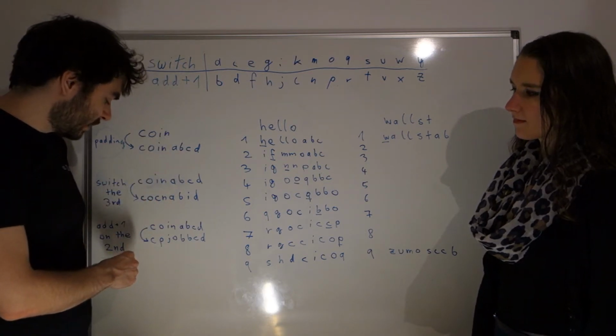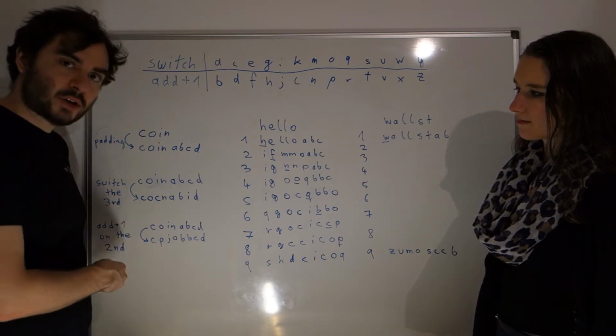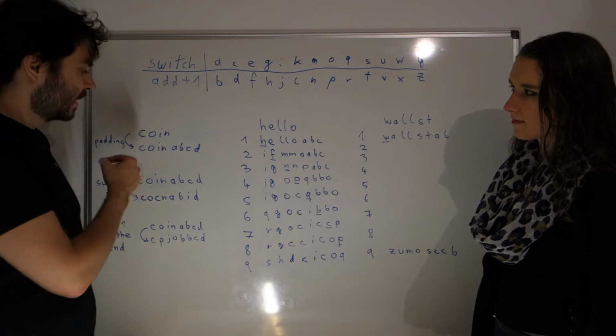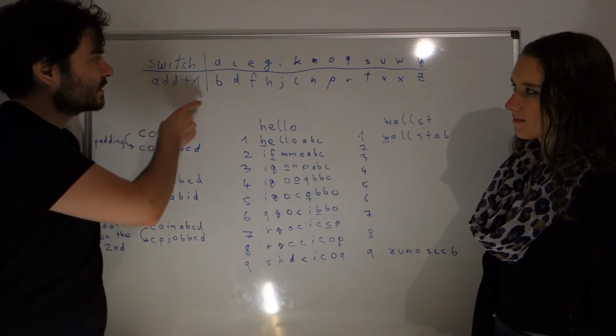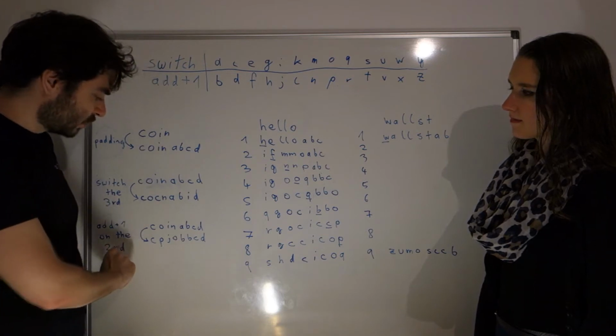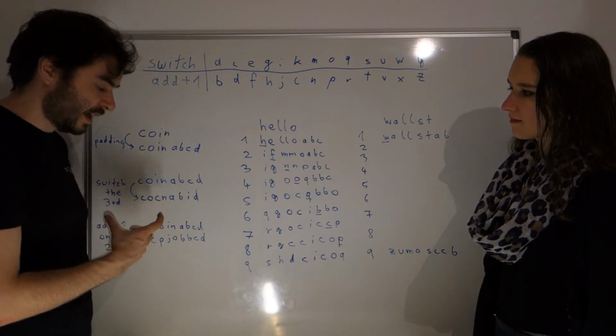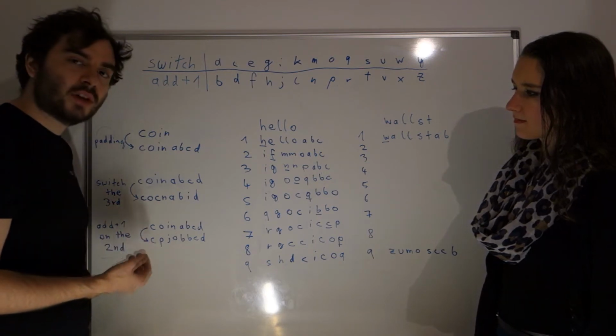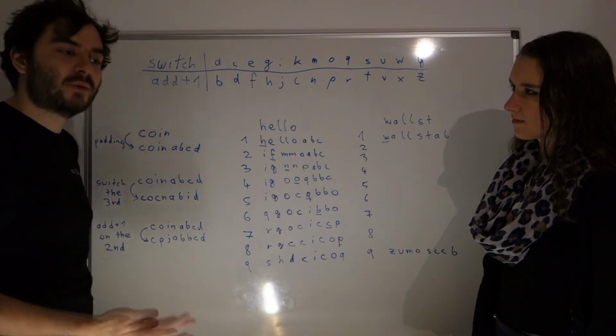And the other operation that can happen is if the character is in the lower row, then what we're going to do is take the next 4 characters and substitute them with the character that comes after that in the alphabet.